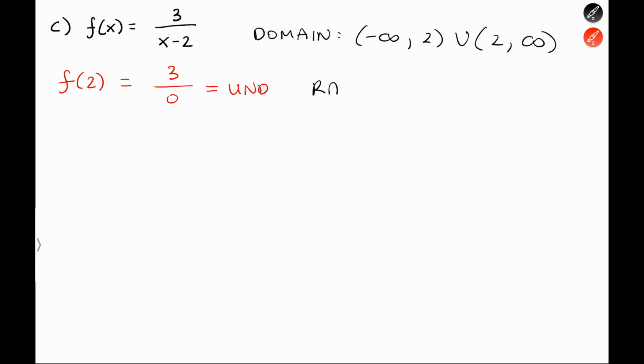For the range, it gets quite a bit more complicated, but I'm going to walk you through it. If we look at our function 3 over x minus 2, if you plug in points, you would notice that the closer x is to 2, the greater the magnitude of the f of x value, or the y value, will be.